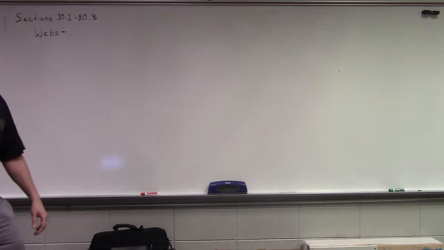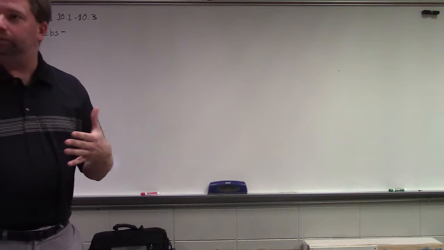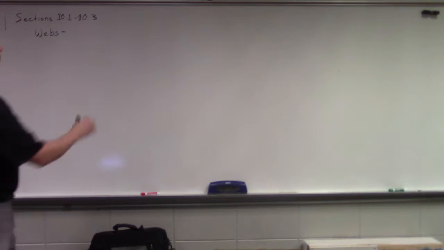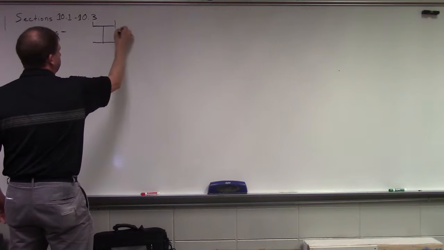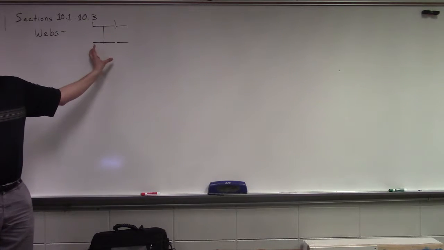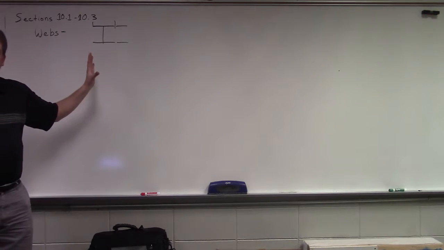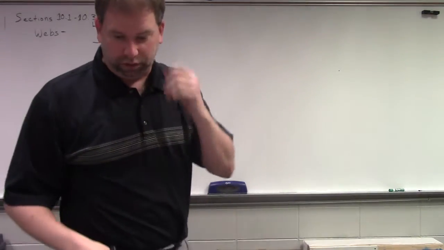And Steve makes a great distinction when we're talking about it from a structural standpoint. We want these dimensions in our web and our flange to be fairly similar. It helps with, and one of the things that we'll look at is moment of inertia. That's what we'll look at for the homework.